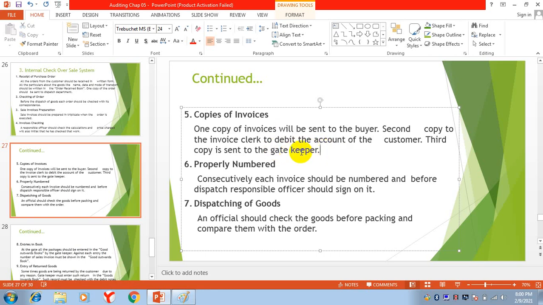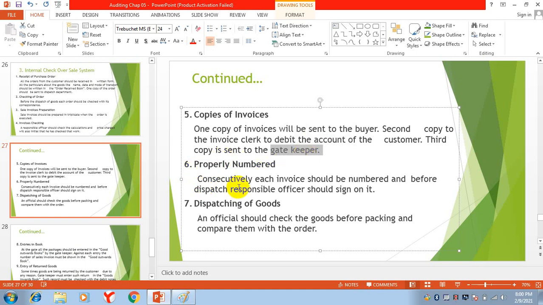This is his responsibility. Without his permission, you can't send goods out of the company. So gatekeeper, he will make sure that yes, this is order, and now the company wants to fulfill that order, and these are the goods. So he will check each and everything.